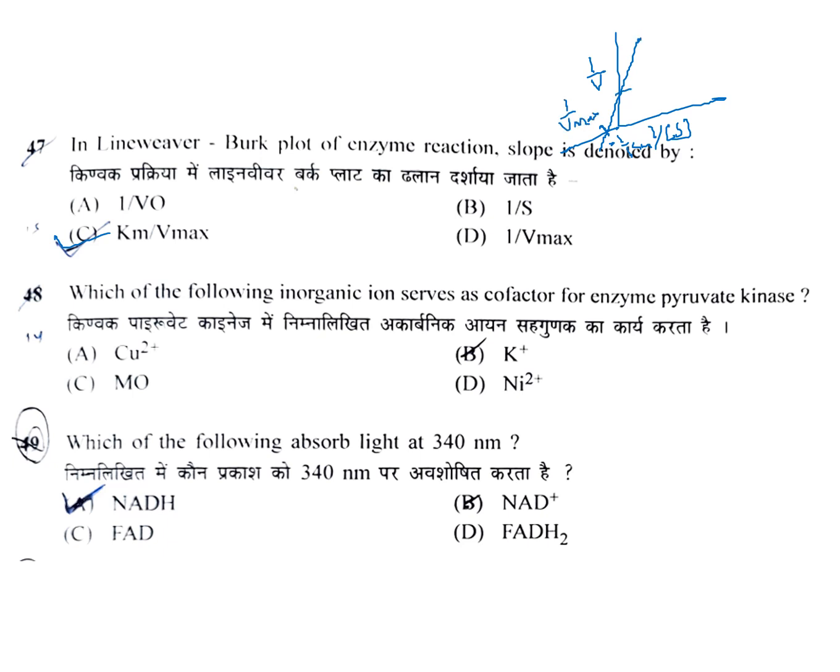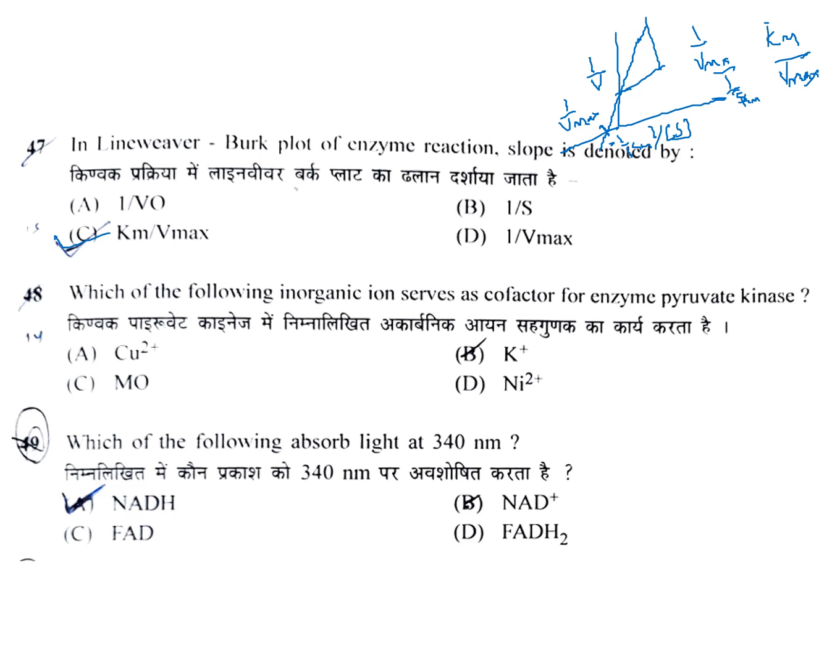And the slope is 1 by Vmax divided by 1 by Km. So the slope will be Km by Vmax.